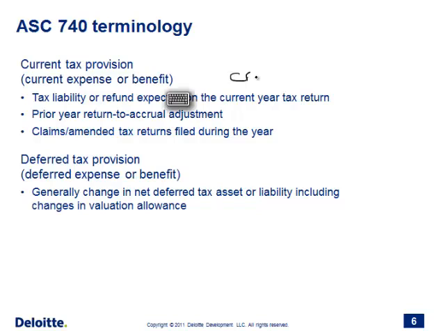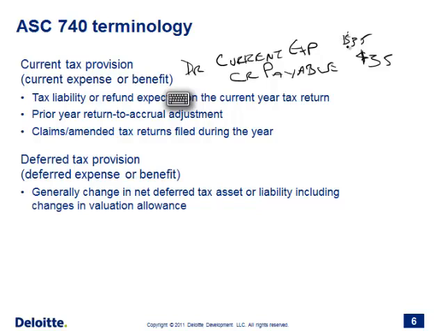Well, I would credit my payable for $35, and I would debit my current expense by $35. And that 35 represents the amount of tax that I would owe currently, and that's my balance journal entry. Okay?